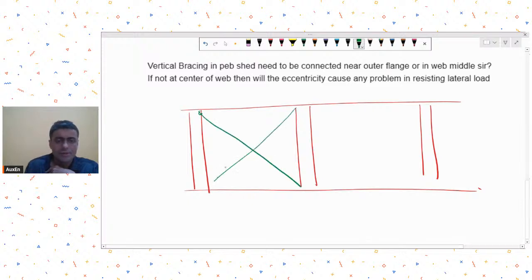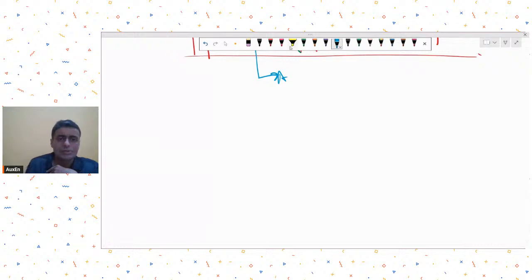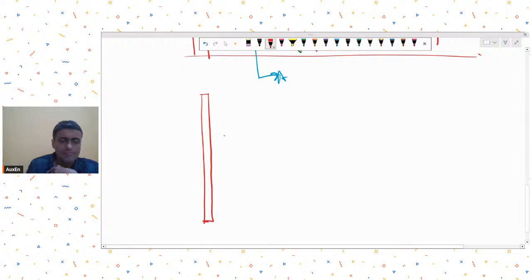Okay. Now if I see the sectional view of this, let me try to draw a sectional view. In this sectional view, let's imagine that this was an I-shaped column. So this is my I-shaped column. This is the flange of that column. This is the web.